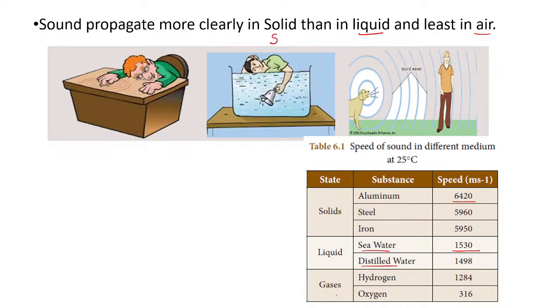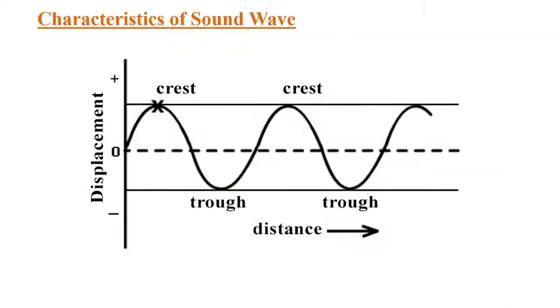And in gases, the speed decreases further. In case of hydrogen, its speed is 1284, whereas in case of oxygen it is 316. So this gives us a clear idea that the speed of sound decreases from solid, which is highest, followed by liquid, and least in air.